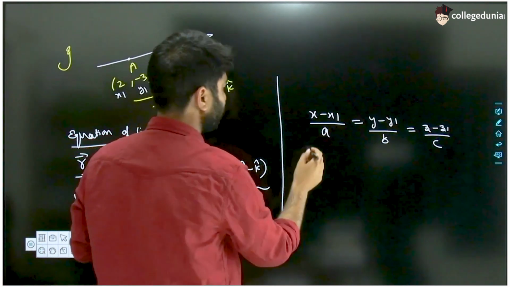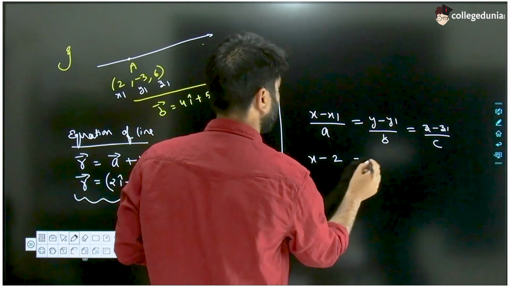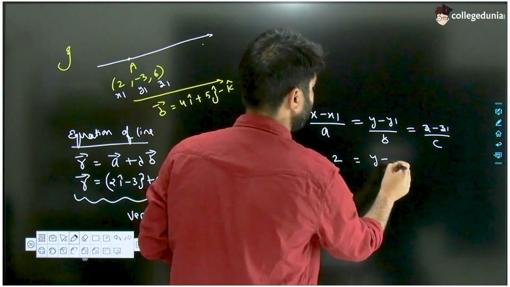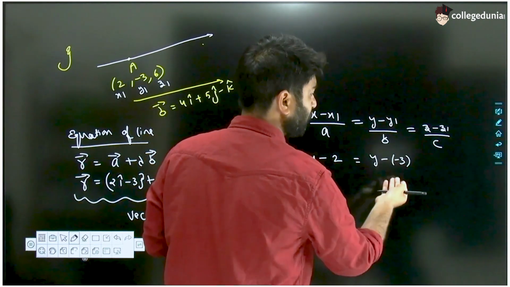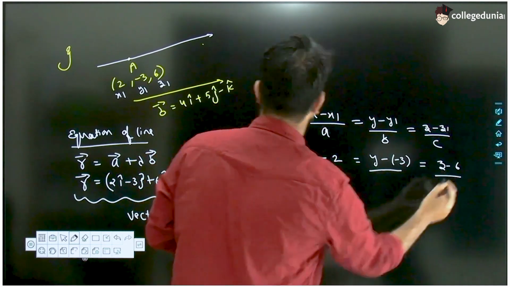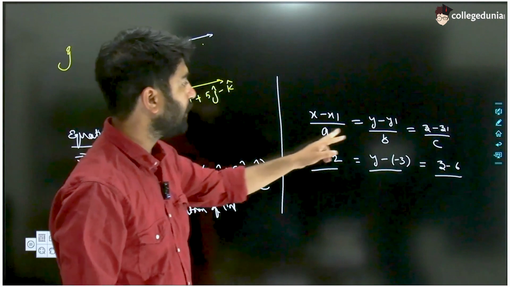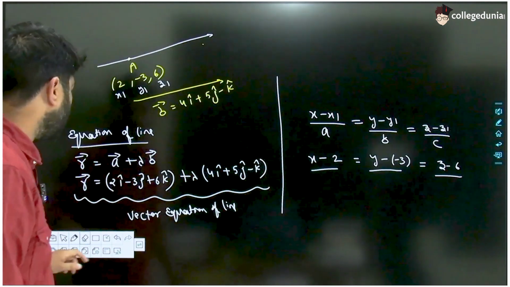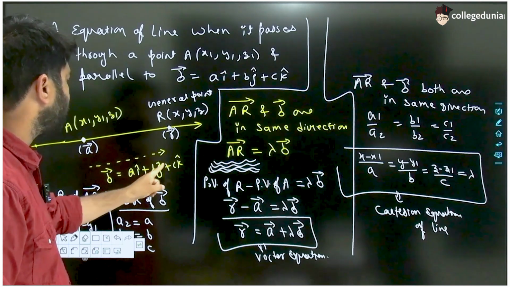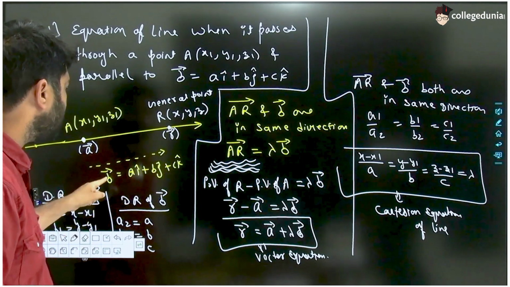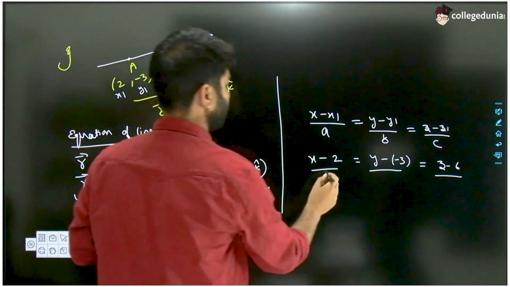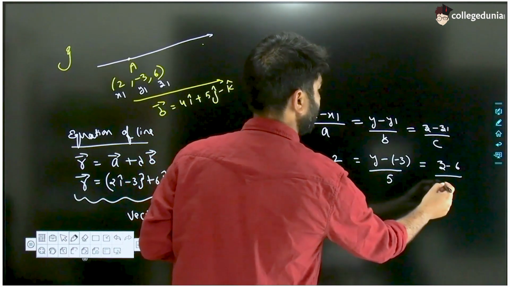So according to this equation, x minus 2, and now minus 3 will be subtracted from y, so y minus minus 3, which will become y plus 3 in the next step, z minus 6, and in the denominator we have the direction ratios small a, small b and small c, the direction ratios of the parallel vector: 4, 5 and minus 1.